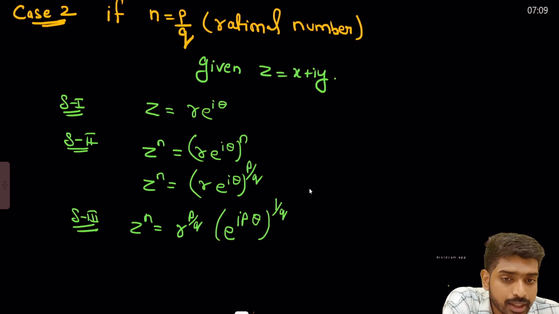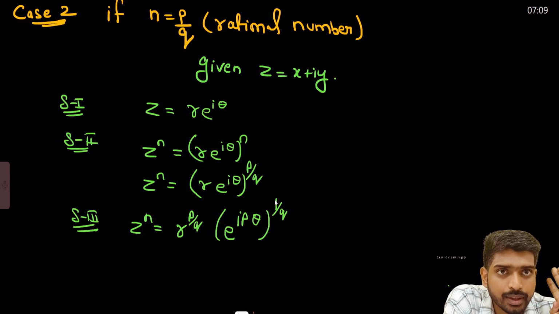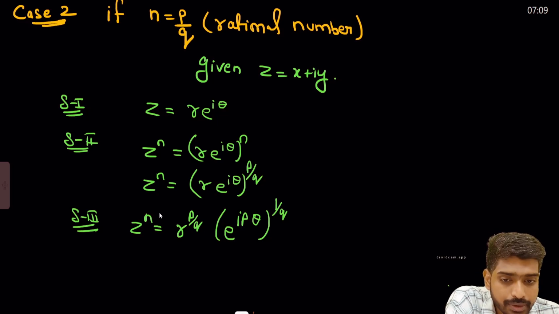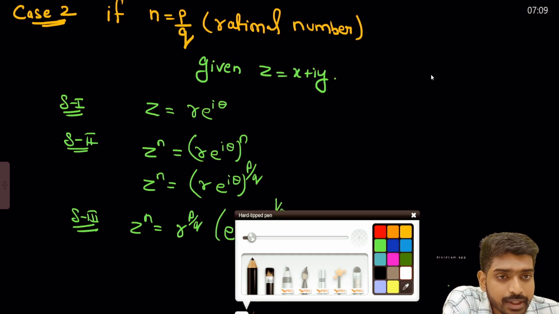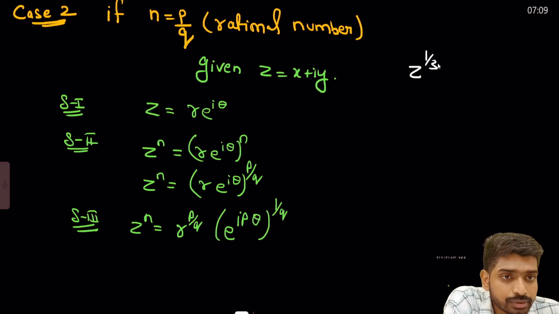Understood? See, if I send this 1 by q inside, I will get only one solution, right? But in this case, there will be many solutions. Suppose I said the cube root of a complex number, this will give three values. We'll get three answers for this.